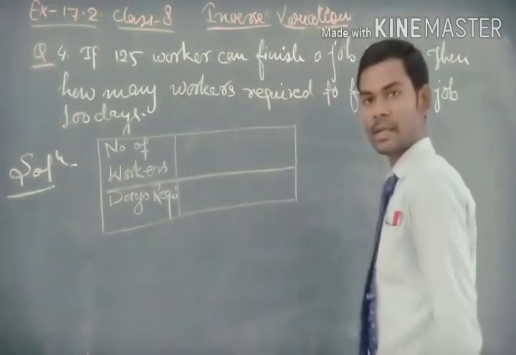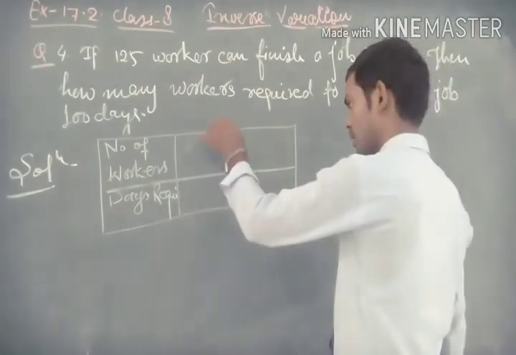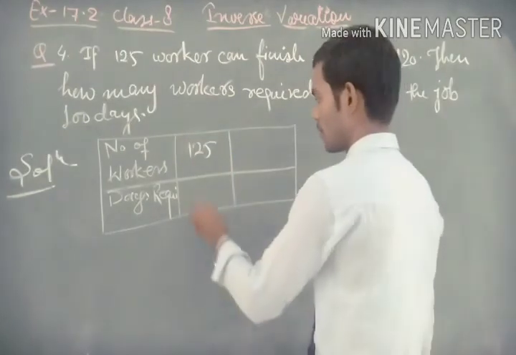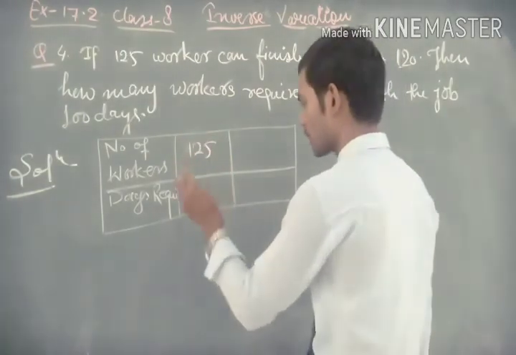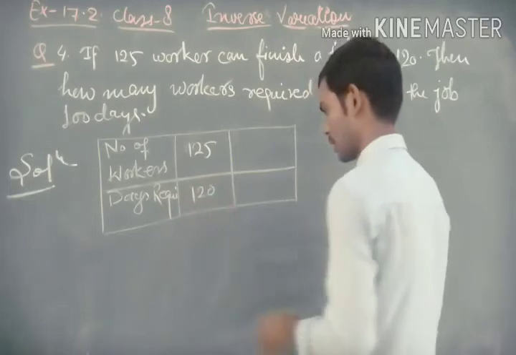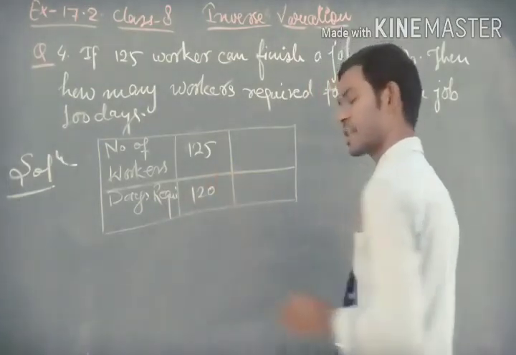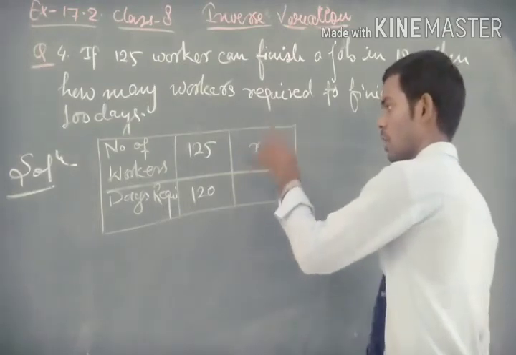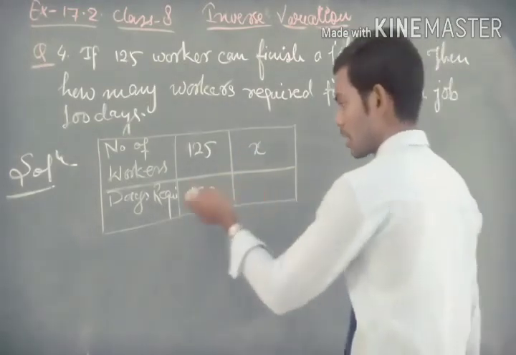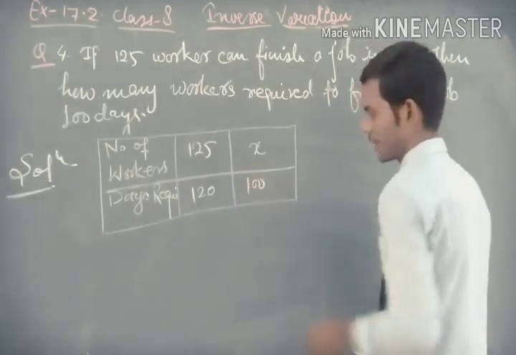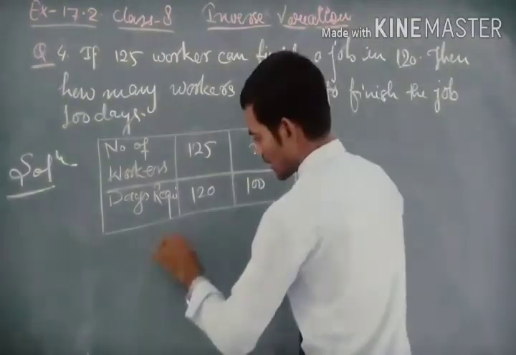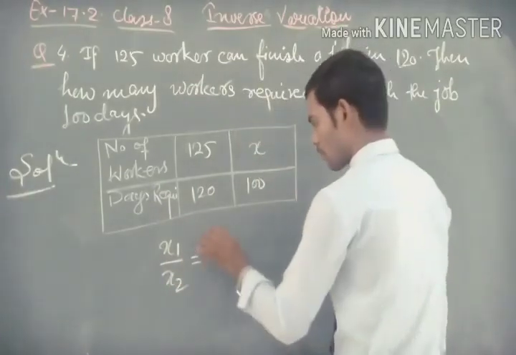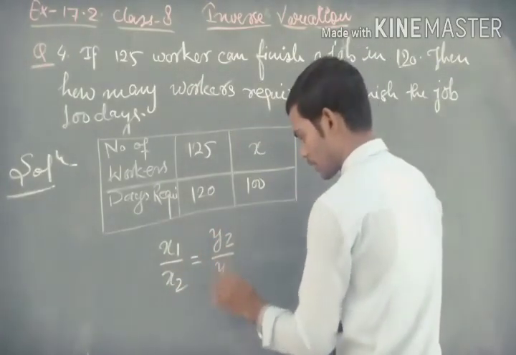In the first step, the number of workers was 125, and the days required to finish the job was 120. And in my next need, I need more workers, but we don't know how many, and the days required is 100. So here we write x1 upon x2 is equal to y2 upon y1.